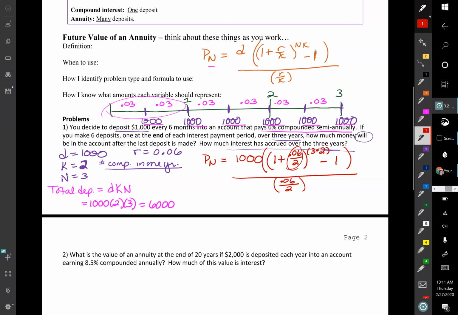Don't forget to do that. You'll get a cockamamie answer if you do. So I end up with 1.03. Then I want to hit the exponent key. It looks like a little caret on a computer, a little triangle without a bottom. So it'll say ANS, and then you have a little box to put parentheses 3 times 2.